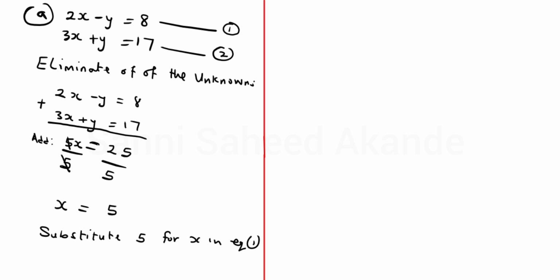Now equation 1 says 2x minus y is equal to 8. So in this equation, wherever I see x, I'm going to put 5. Now I will write 2x minus y is equal to 8. Then we have 2 open brackets, the value of x here is 5, then minus y equal to 8.